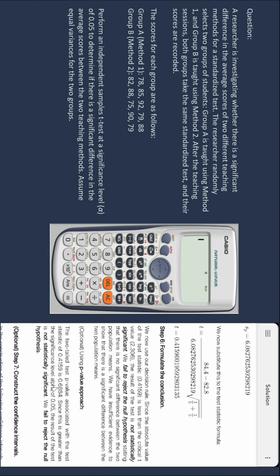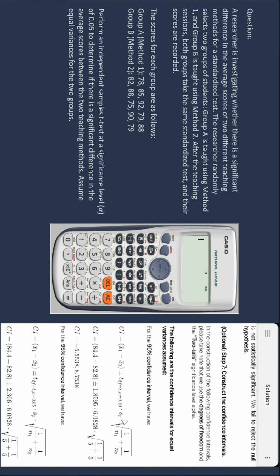So if the p-value is less than the significance level alpha, we reject the null hypothesis. Otherwise, we fail to reject it. In this case, since p is greater than the significance level alpha, we fail to reject the null hypothesis. Again, take note that this result is always the same as with the critical value approach that we have conducted in step 6.